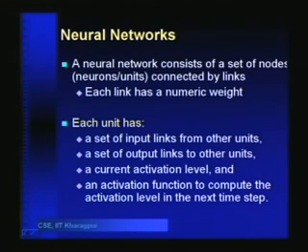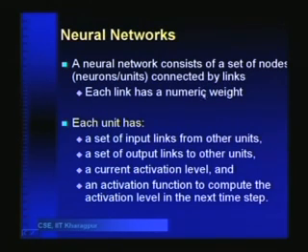A neural network consists of a set of nodes, which are neurons, connected by links. Each of these nodes has very simple processing capability, and there are lots of them, connected by links.